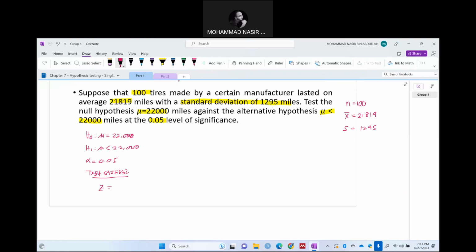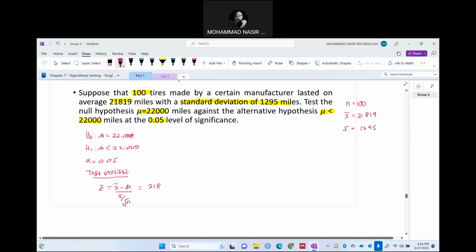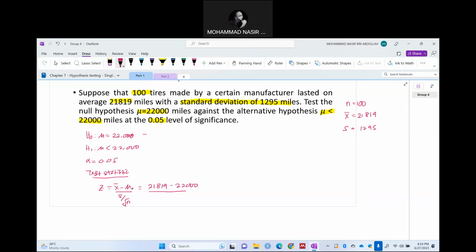So it should be X bar minus mu naught divided by S over square root of n. This is 21,819 minus 22,000, divided by 1295 over square root of 100. So this should be negative 1.40.